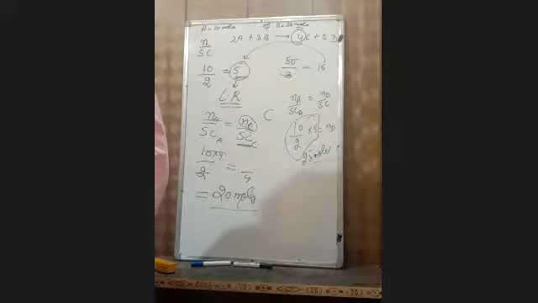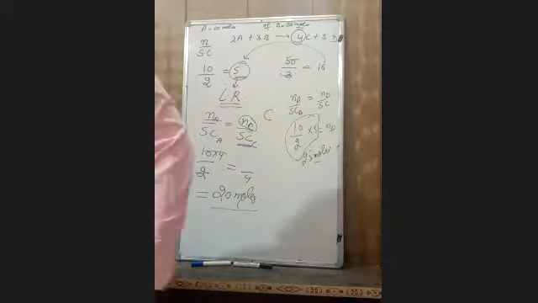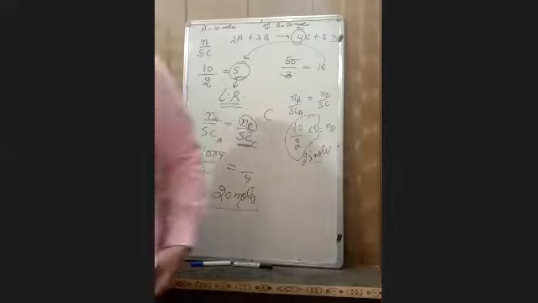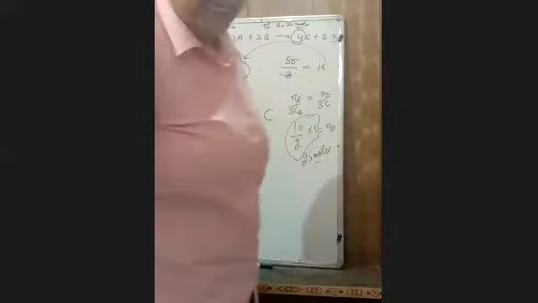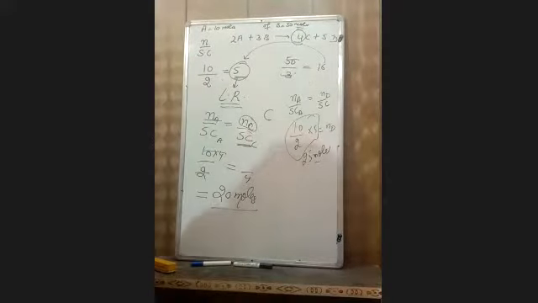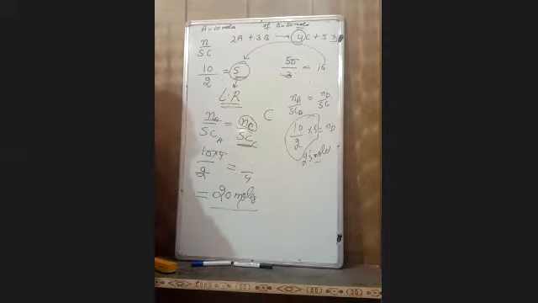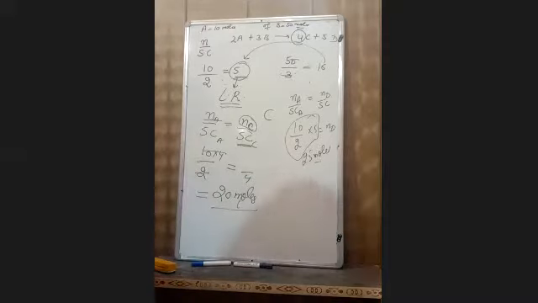If it doesn't come out to be equal, then it is the problem of limiting reagent. Then check who is the limiting reagent. Then take number of moles over stoichiometric coefficient. Whosoever's ratio comes out to be less is your limiting reagent. Then calculate the amount of product or moles of product, whichever is asked in the question.